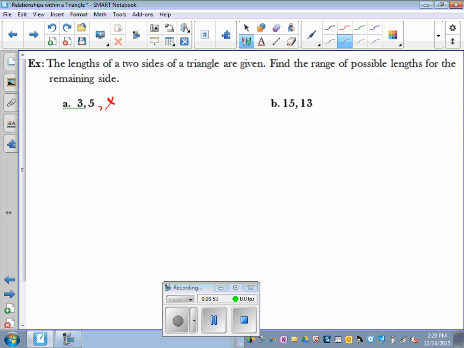Okay, some unknown value. So if I add together any of my two sides, that has to be greater than the third side. So let's take my unknown value and add 3 to it. That must be greater than 5.